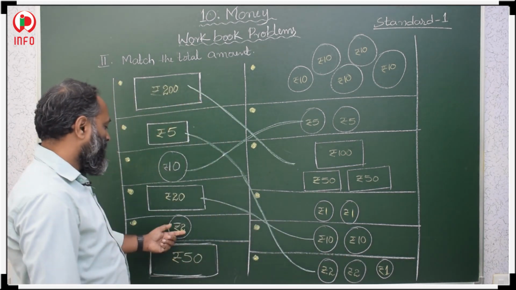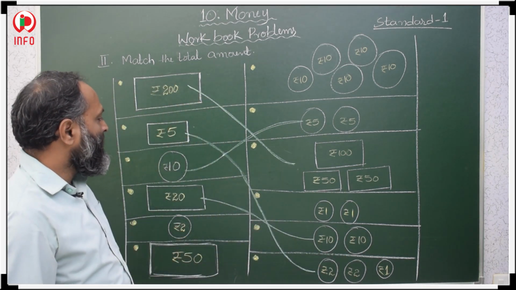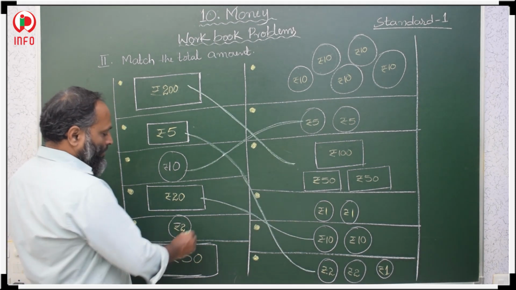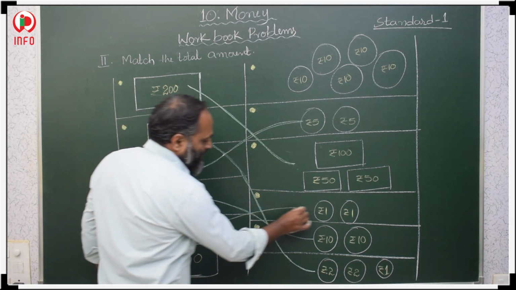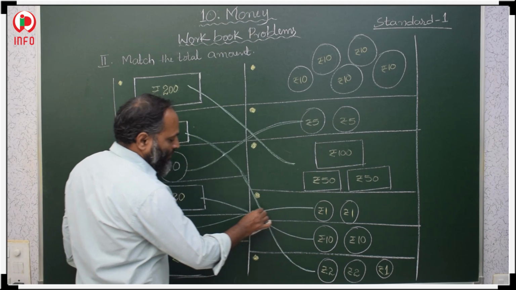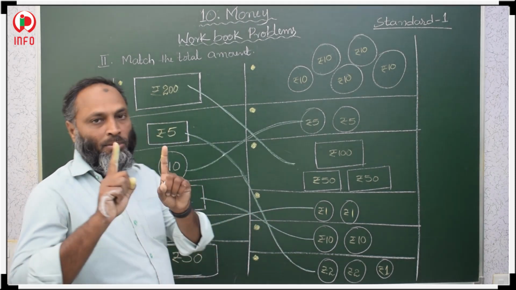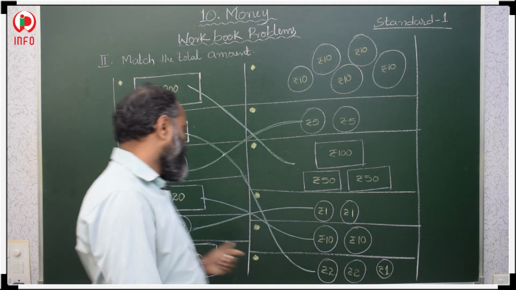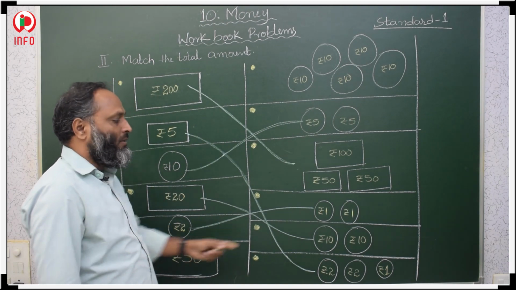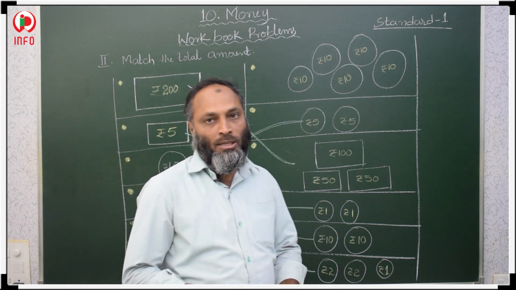Now after that, rupees 2. A 2 rupee amount is equal to two 1 rupee coins. 1 rupee plus 1 rupee is 2 rupees. So a 2 rupee coin is equal to two 1 rupee coins.